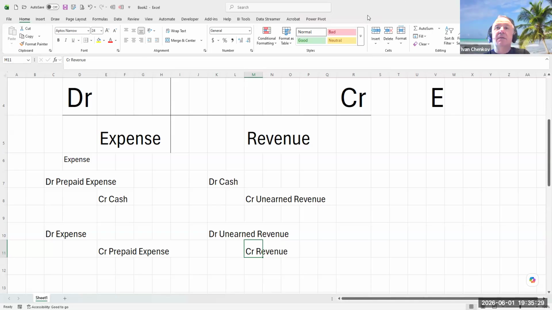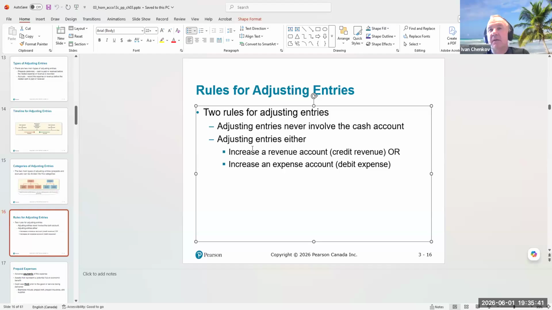Now let's go to the slides and, having this in mind, let's start working with the questions there. Again, as you can see, cash on the adjusting entry. Of those entries that I show you here, which ones are the adjusting entries?